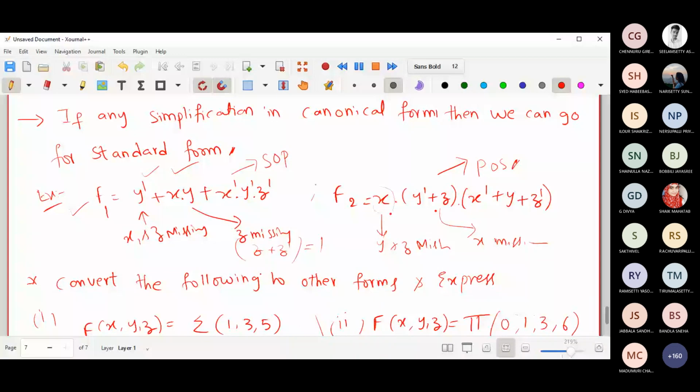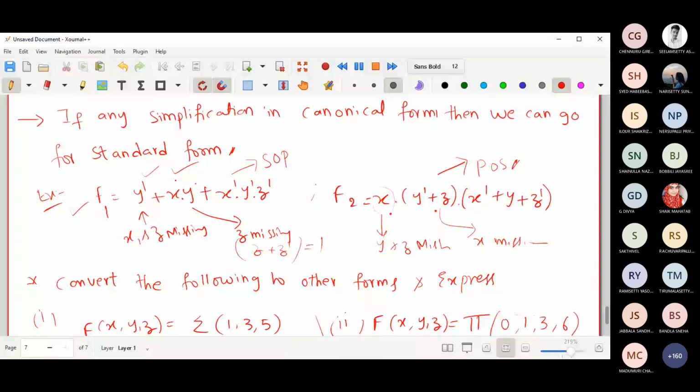Z plus z bar is equal to 1 itself. In the first term, x and z are missing, so I can write x plus x bar and z plus z bar. Even if I write that, it will be y bar itself. Then you do the multiplication.